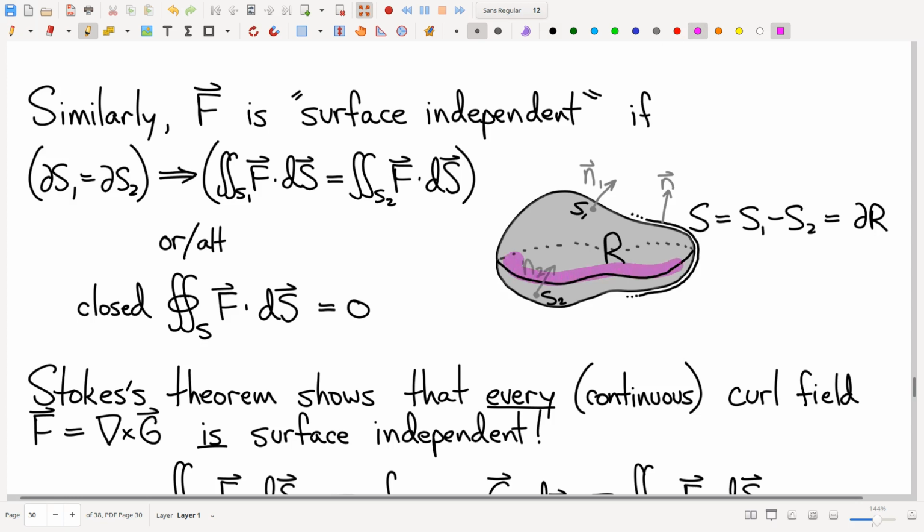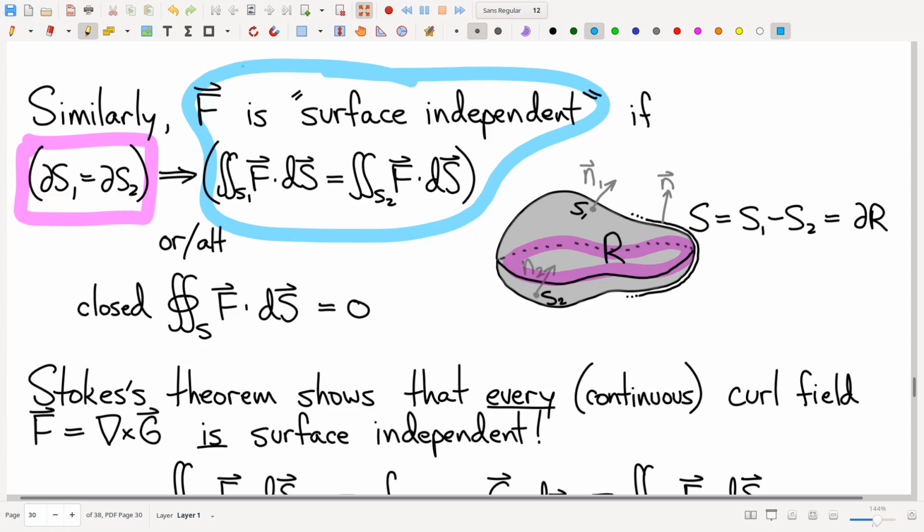Surface-independent vector fields are ones where, if you have a shared boundary curve, so two surfaces, my hands here, if the two surfaces have the same boundary curve, if they meet together like this, like you're trying to hold a fly in your hands, shared boundary, two surfaces, there are what are called surface-independent vector fields that will give you the same value of the flux, no matter what surface you pick.